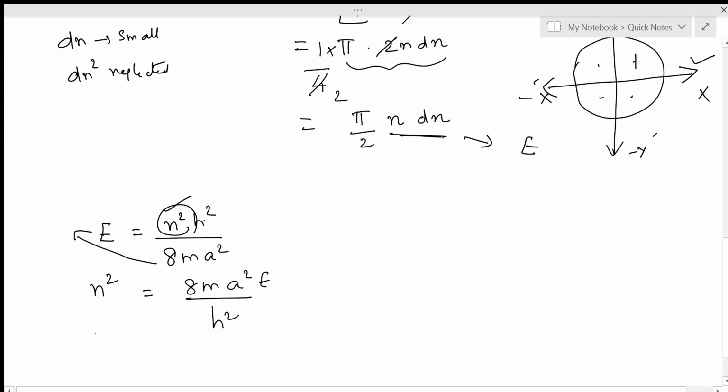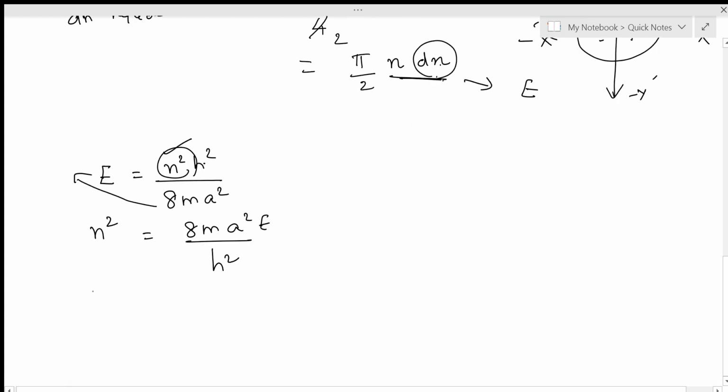Then differentiating n with respect to E, because in this formula we have dn. Therefore, 2n dn is equal to 8m a square by h square, which is common, and E is taken as dE. Here m is considered as the effective mass of the electron.